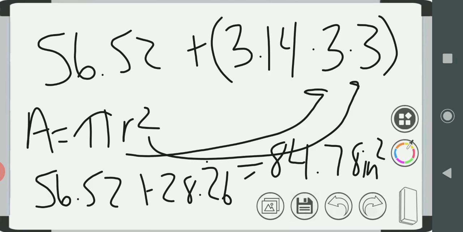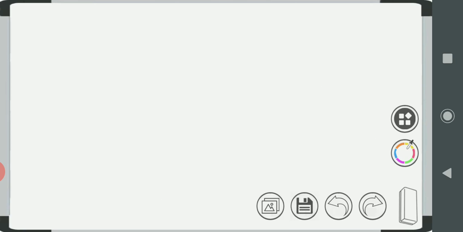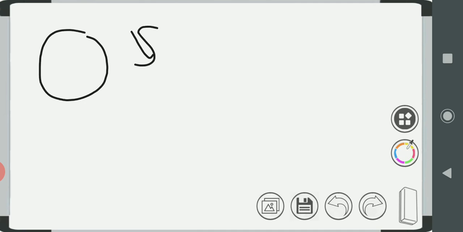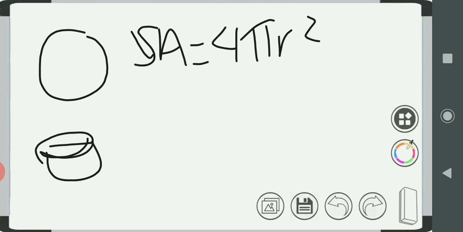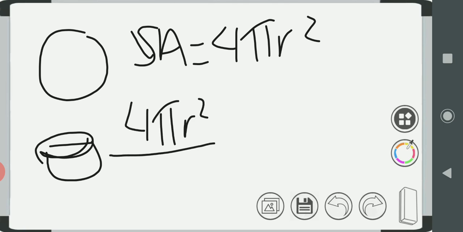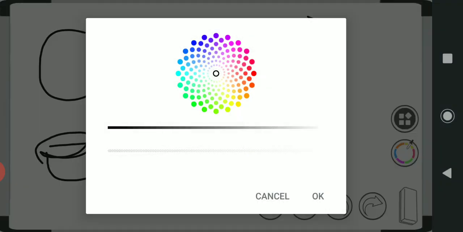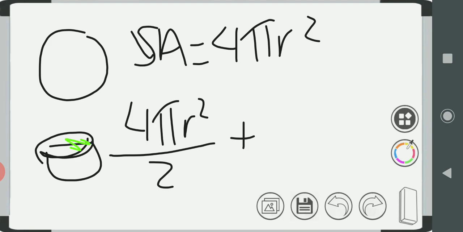So when we have a whole sphere, we can use surface area equals 4 pi r squared. If we have half the sphere, then we have to do that 4 pi r squared, then we divide it by 2, and then we have to add on that top section.